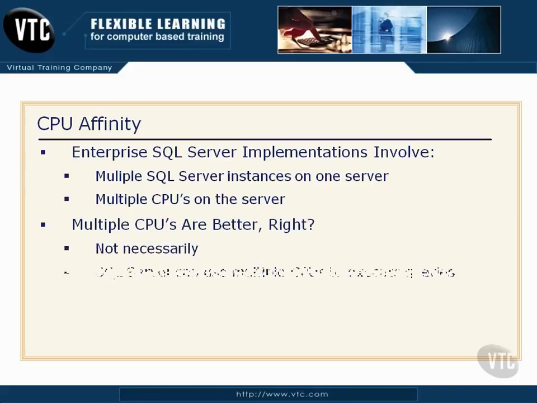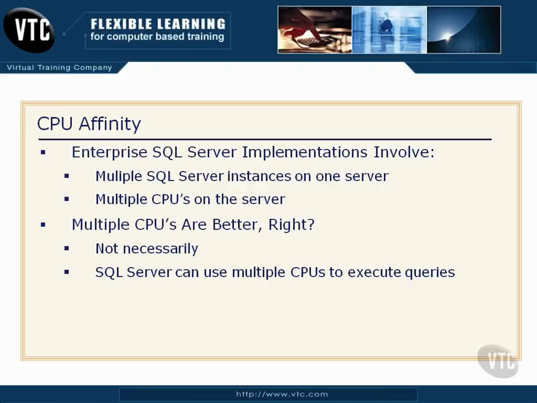Not necessarily. SQL Server can use multiple CPUs to execute queries. However, if you stop to think about this, to use multiple CPUs, that means you have to keep up with which threads are running where on which CPU.